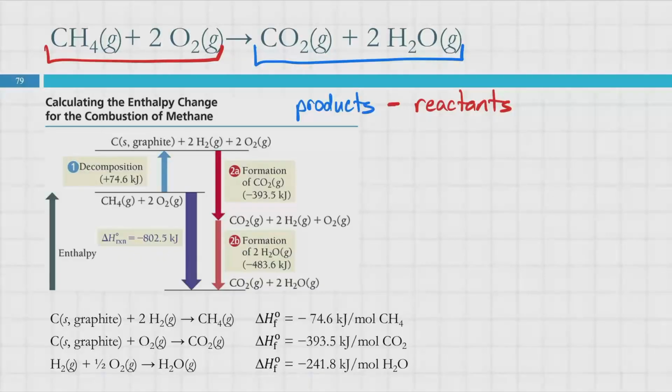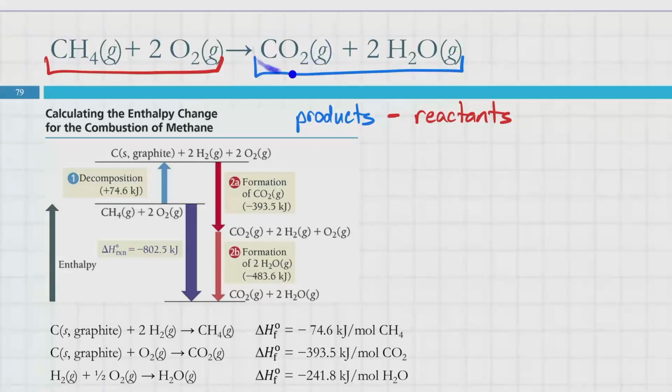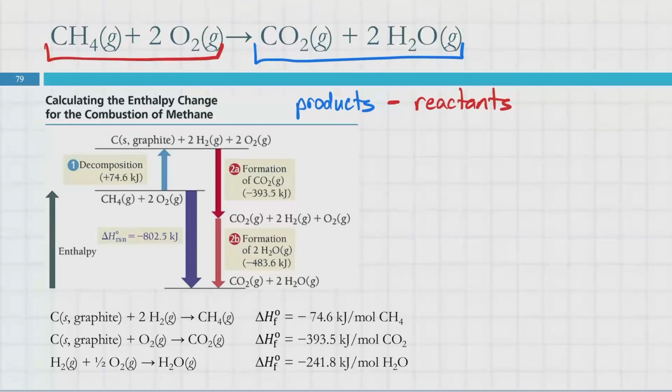So we would go to a table and we would look up our CO2 delta H of formation, our H2O standard heat of formation, and our methane standard heat of formation. We've got those all written out here.